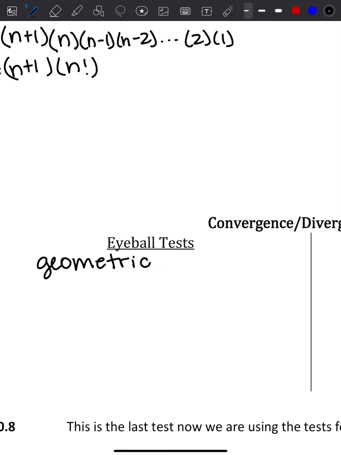Along with that, the p-series, which means the harmonic series and the alternating harmonic series.